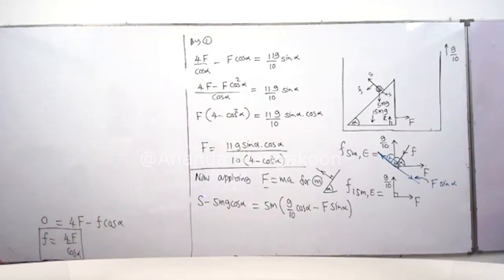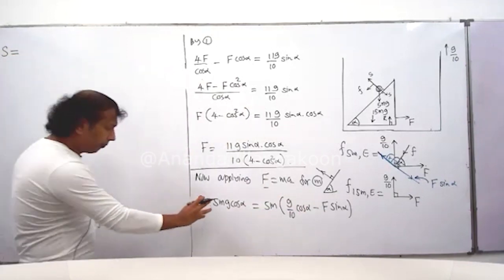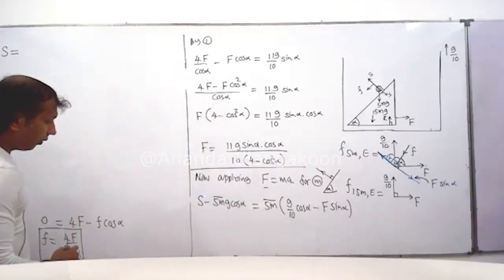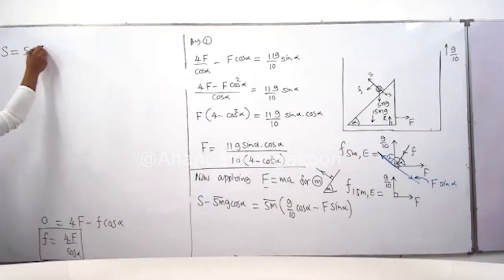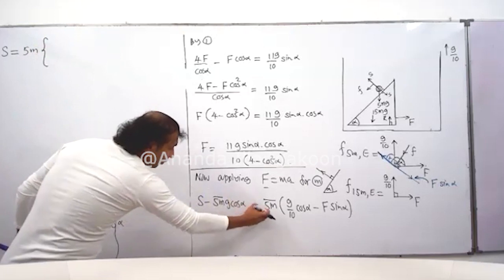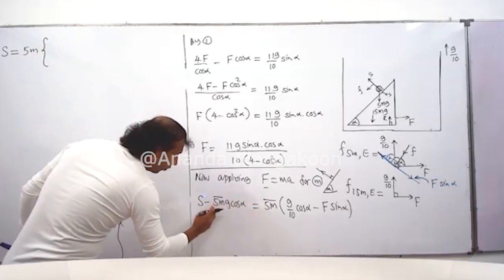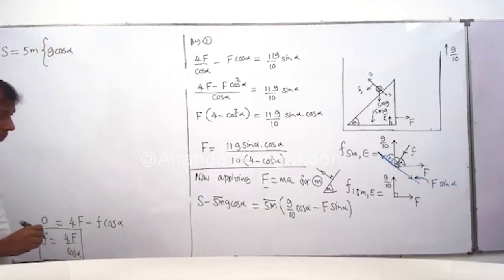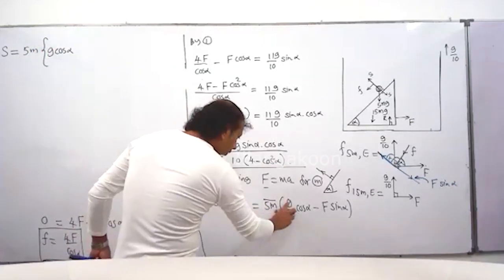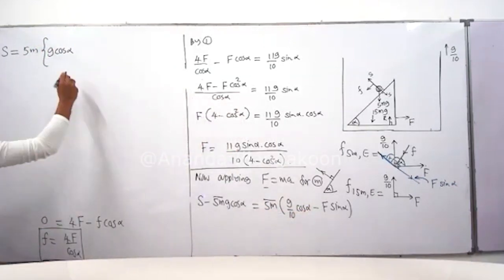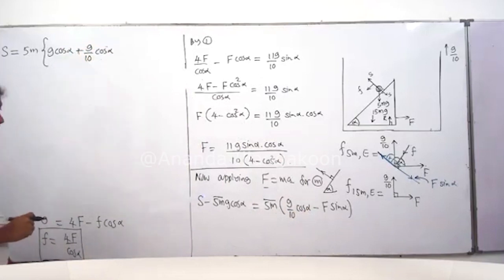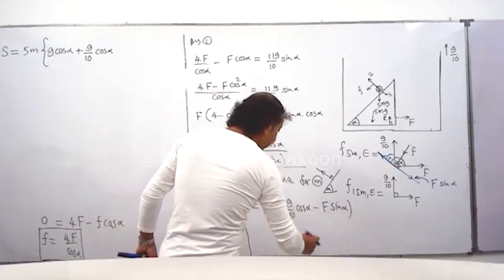Now you can write, substituting for F, taking that to the right hand side, and taking this 5m out. That will be 5mg cos alpha. When you take 5m out, it is g cos alpha now. Within the bracket we get g by 10 cos alpha minus capital F sin alpha.